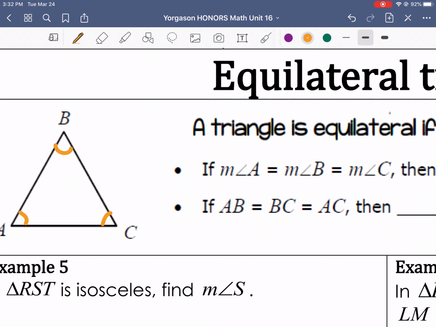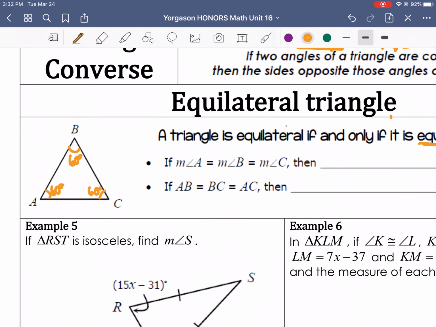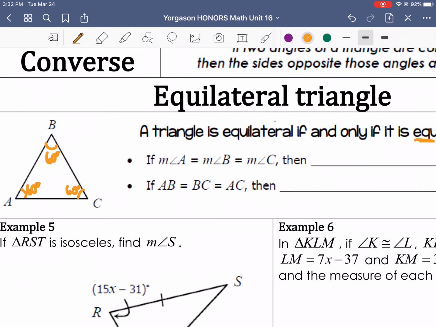Since we know that the sum of all of the interior angles of a triangle is 180, then what does the measure of each of these angles have to be? 180 divided by 3. It's got to be 60, right? 60 here, 60 there, 60 there. Every time we have an equilateral triangle, the measure of the angles, they are going to be 60, 60, 60.